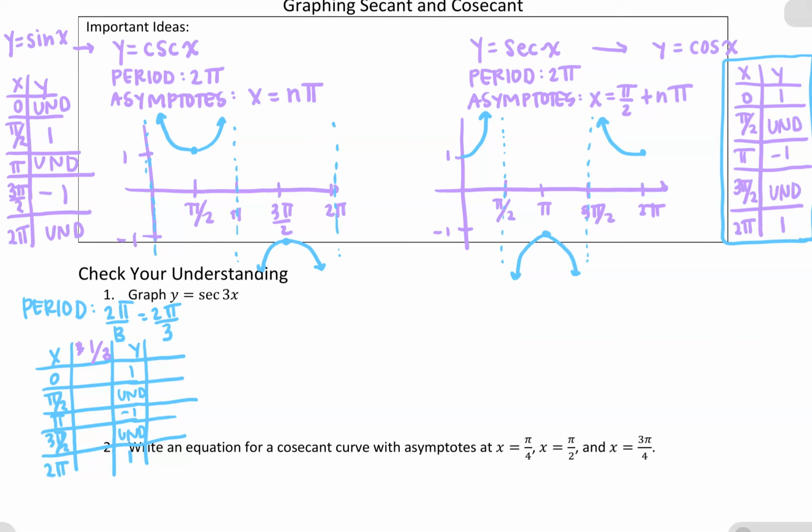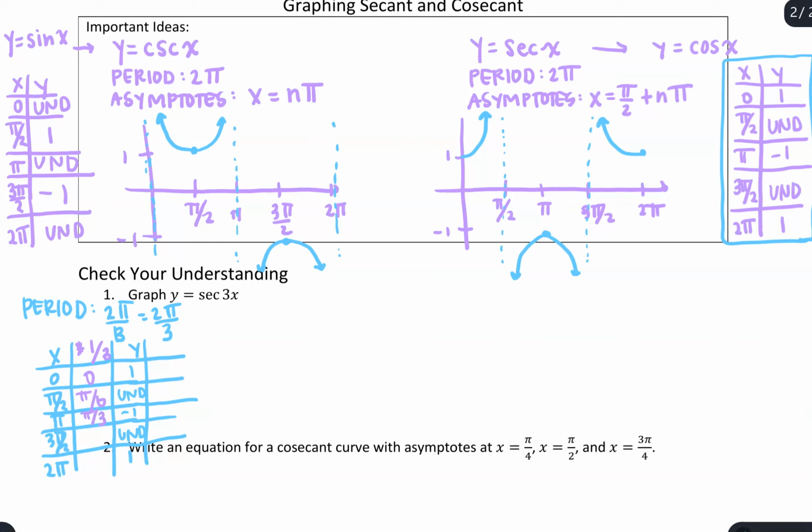Okay, so all I need to do is just multiply all the x values by 1/3. So I'm shrinking it up, yes? So I still will start at 0. But here, instead of my next value being at pi over 2, I'm going to be at pi over what? 6. Good deal. Okay. At pi, instead of being at pi, I'll be at what?